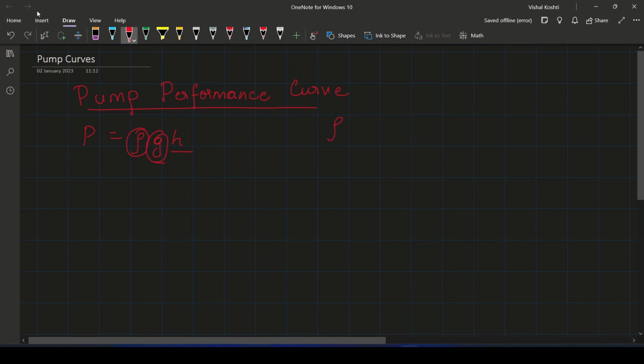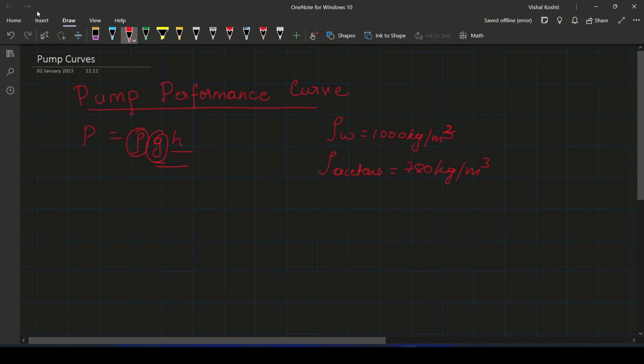And we know that the density of water is 1000 kg per meter cube. And suppose we take the density of acetone, it is around 780 kg per meter cube. Since the height and the acceleration due to gravity are constant, the density varies with the working fluid.